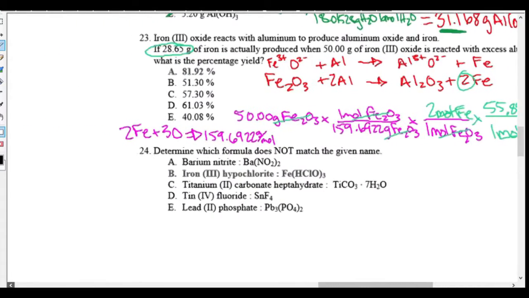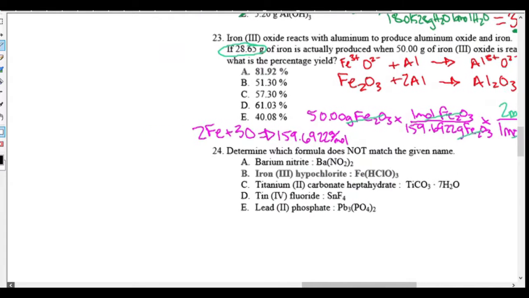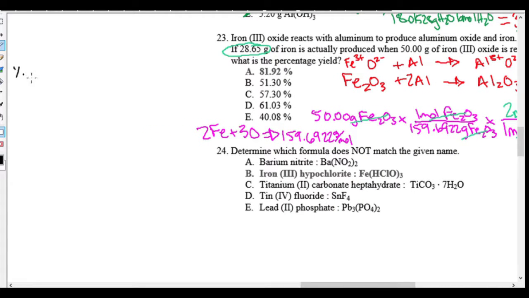So, to find out the percent yield, that is going to be 28.65 grams of Fe divided by, so it's actual divided by theoretical times 100%. Our theoretical will be what we just calculated.